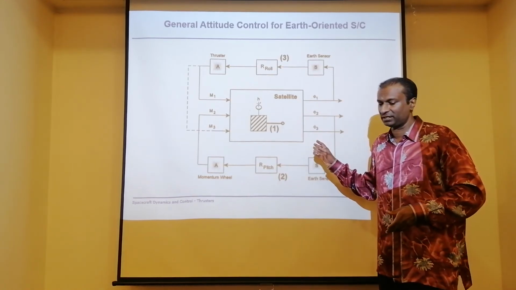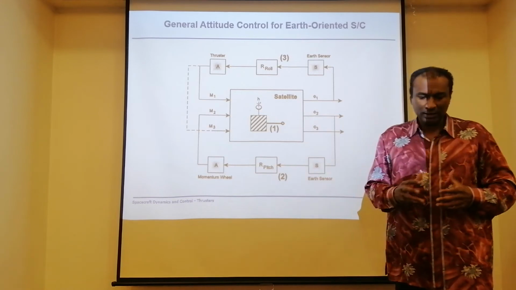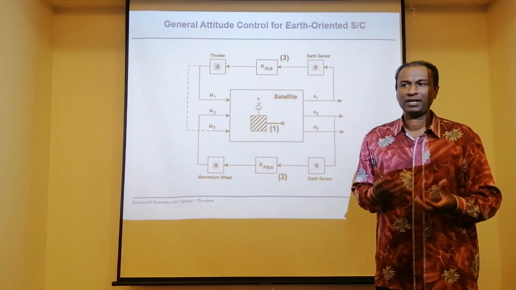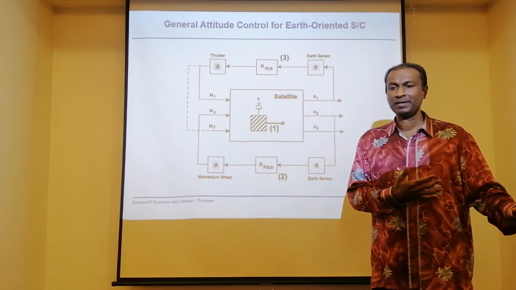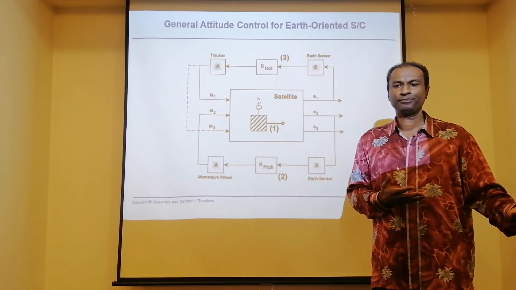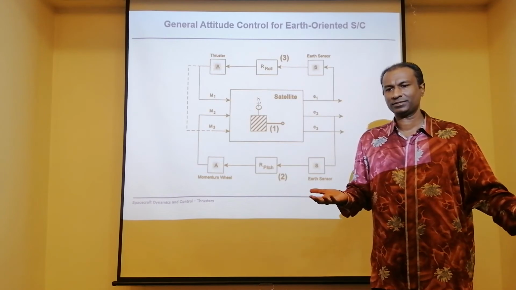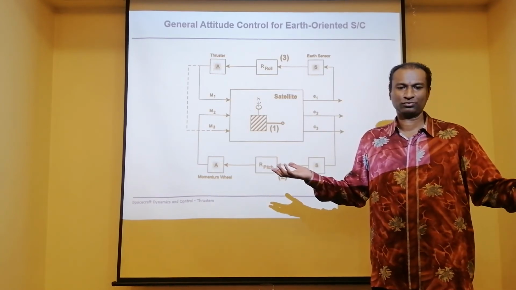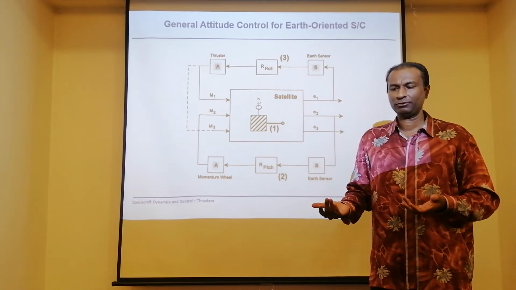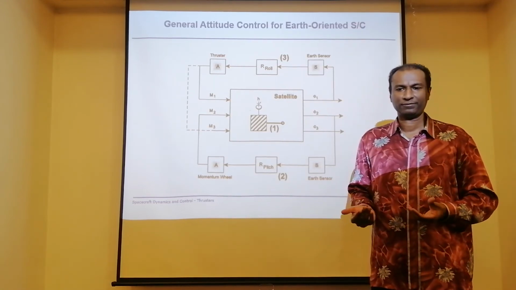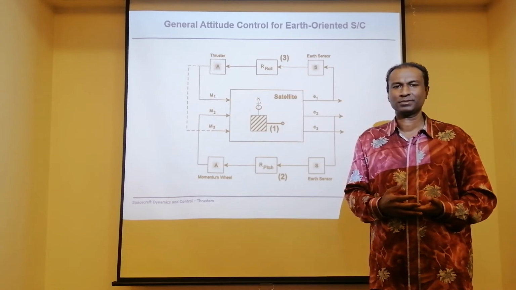So what we have seen here is a combination of solutions, combinations of actuators. You have gone from a very primitive way of controlling a satellite: gravity gradient stabilization. That means at no cost, just playing around with the inertia. Then a bit more expensive, the magnetotorquers.